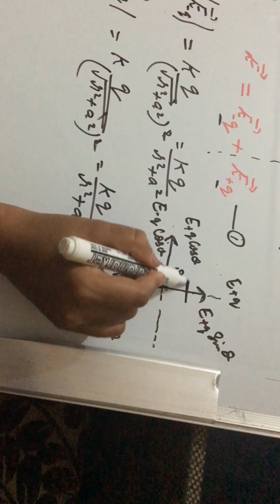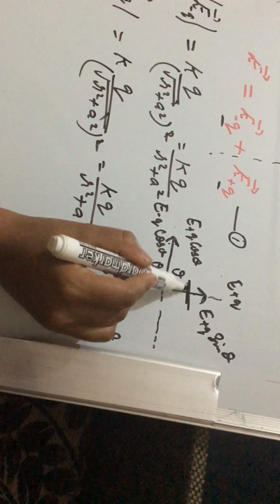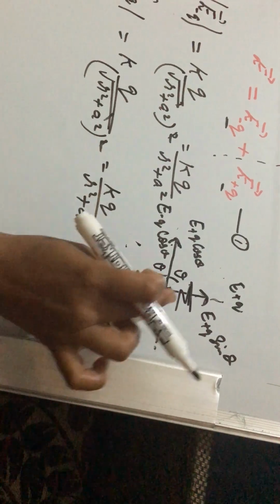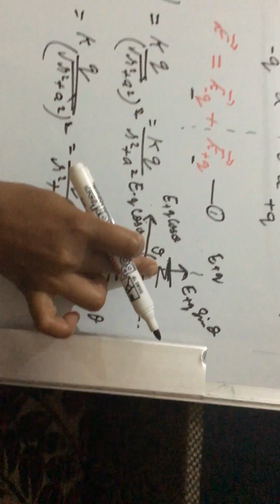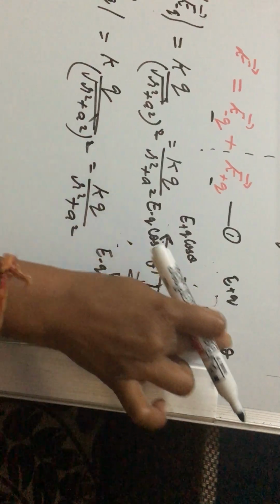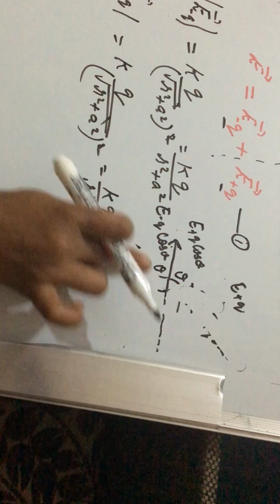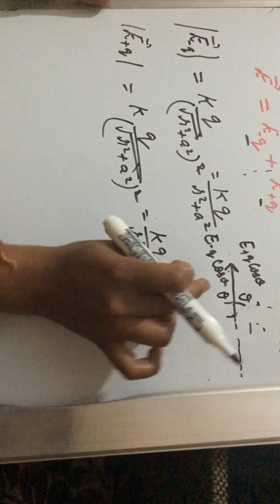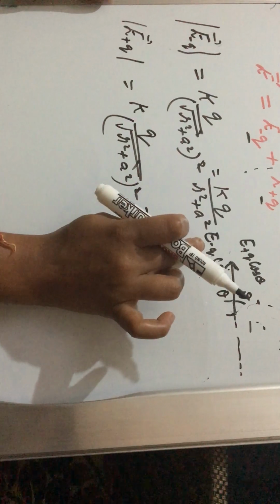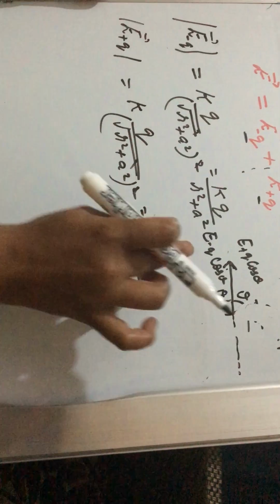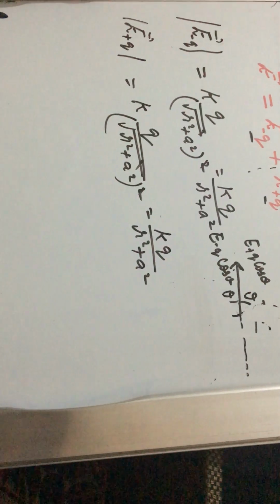They are going to cancel each other. This component will no longer exist. That is why our mathematics will become easier. So what is the remaining? The remaining is E minus Q cos theta and E plus Q cos theta. Both of them have the same magnitude.